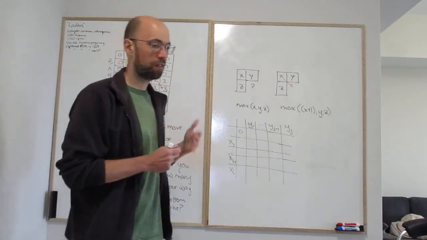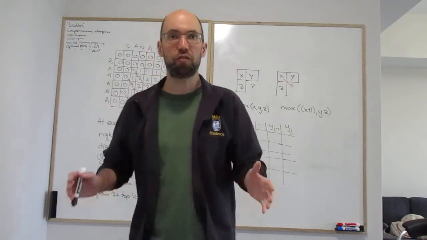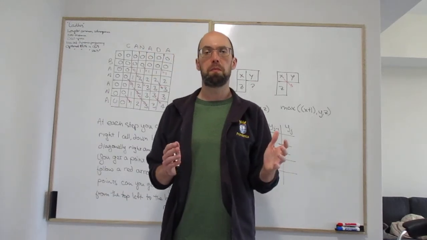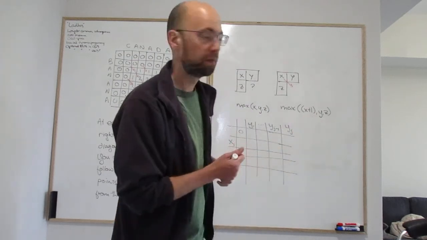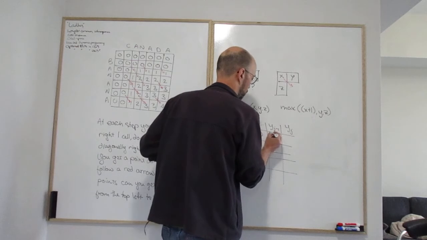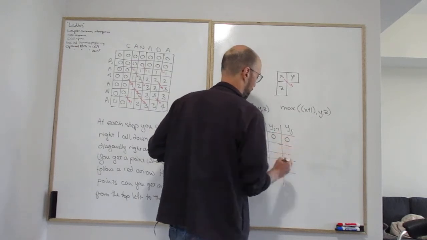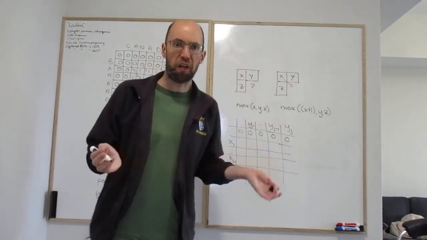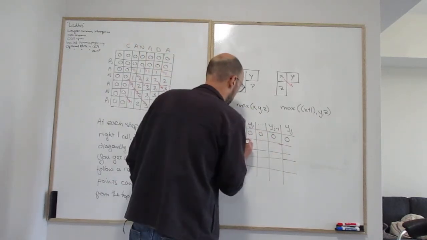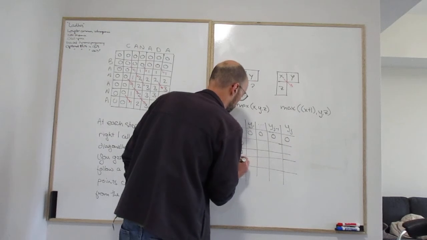So what is the longest common subsequence of the empty string and C? Nothing. And the longest common subsequence of the empty string and anything is nothing. There is nothing in the empty sequence. The same thing here.